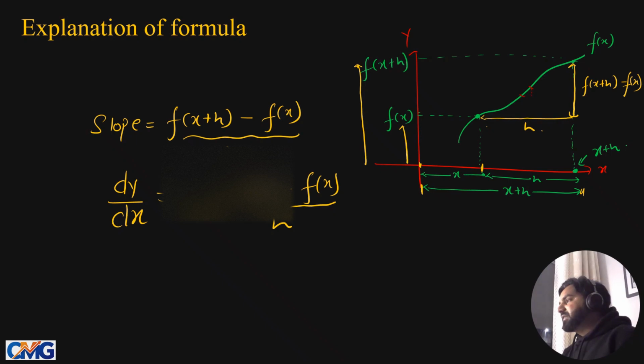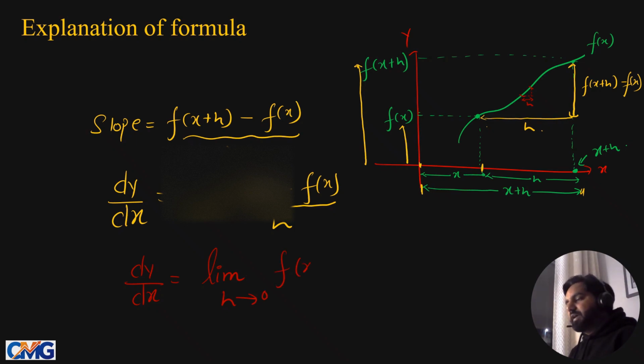Okay, so this is rise and this is run. So this h will be close to 0. Okay, so in that case we will write our dy by dx is equal to limit h tends to 0 of f of x plus h minus f of x over h. So this is your first principle method.